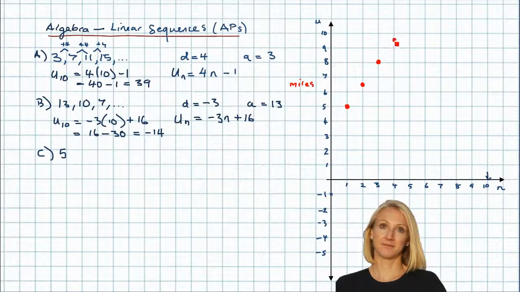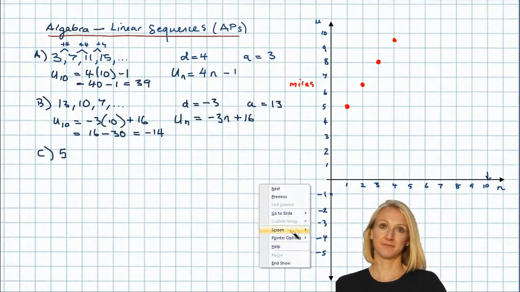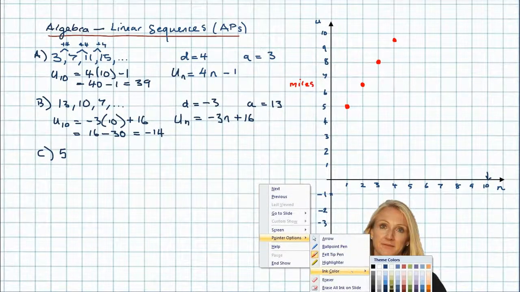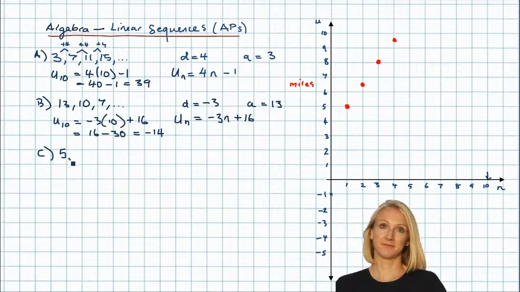So let's write down those values. So we have 5, add 1.5 will give us 6.5. The next term has got to be 8, then 9.5, and then we just say dot dot dot. So our common difference is 1.5. And our first term that we're calling A is 5.